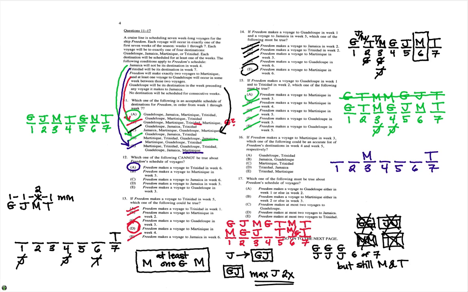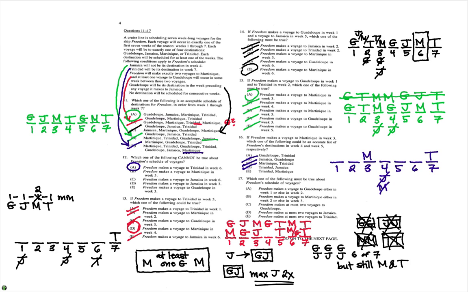Well, we already know that Jamaica cannot be our destination in week 4, which automatically eliminates B. We also know that we can't have the same destination in consecutive weeks, which would eliminate C. And we also know that when we have Jamaica, the week preceding it must be Guadeloupe, so D would be out because the week preceding Jamaica in D is Trinidad.